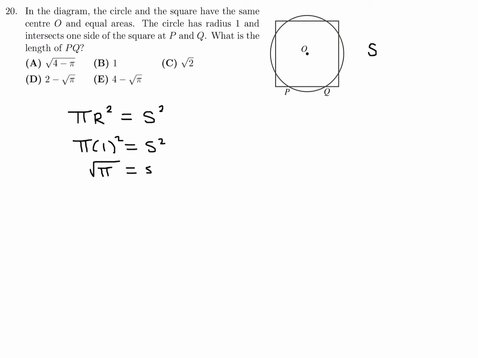Now what we have to do is figure out where exactly P and Q cross. And what we're really doing, to be honest, is putting this on a coordinate plane.